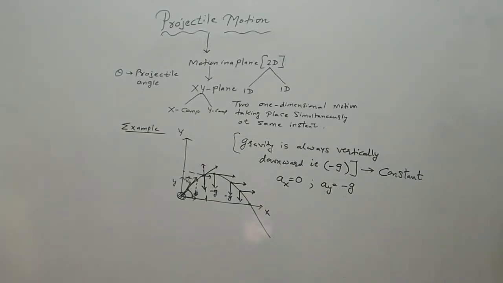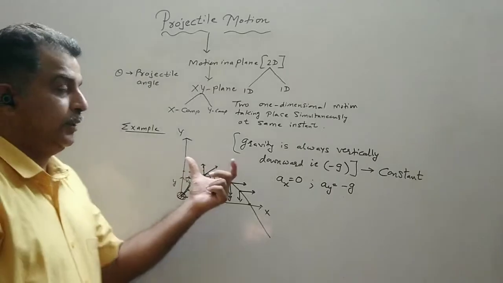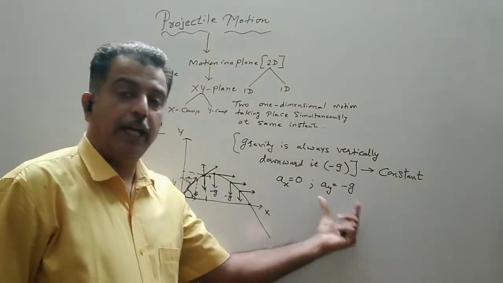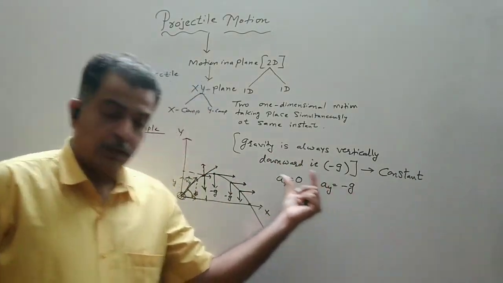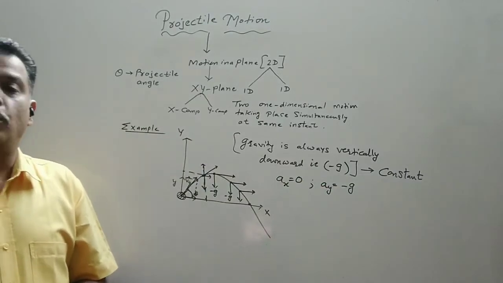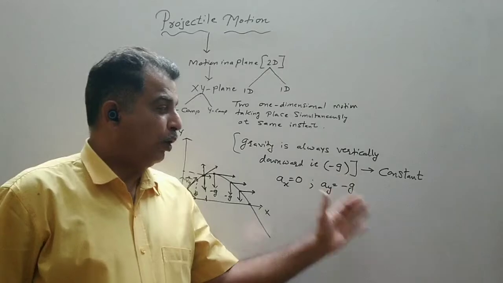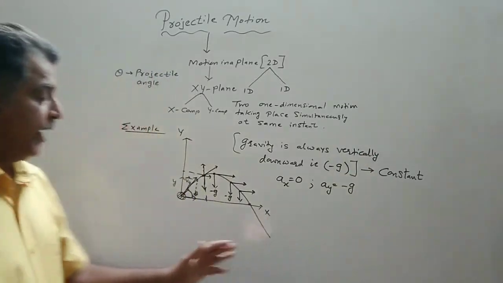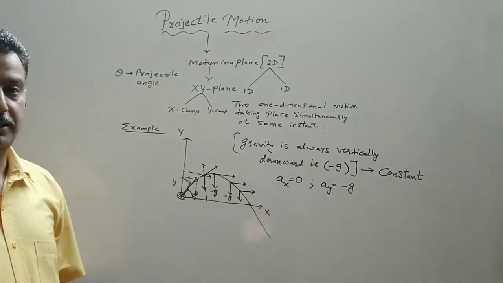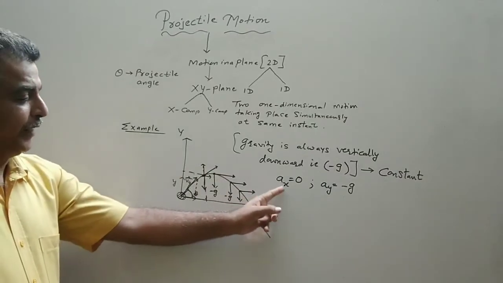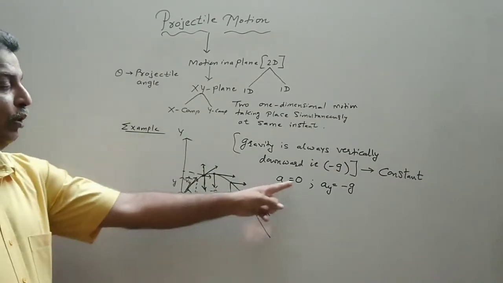So this is one of the characteristics of projectile motion. In a projectile motion, the vertical component, or the y component, of acceleration due to gravity always remains constant at any instant, and the x component of acceleration is always 0.